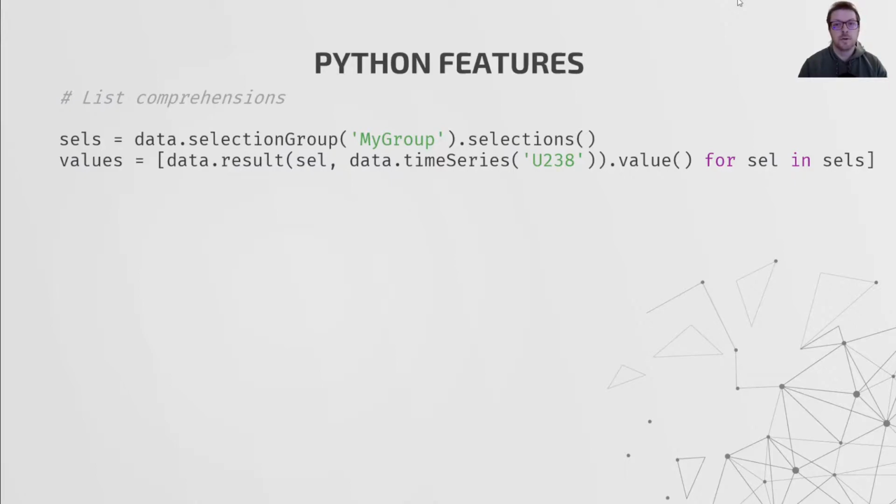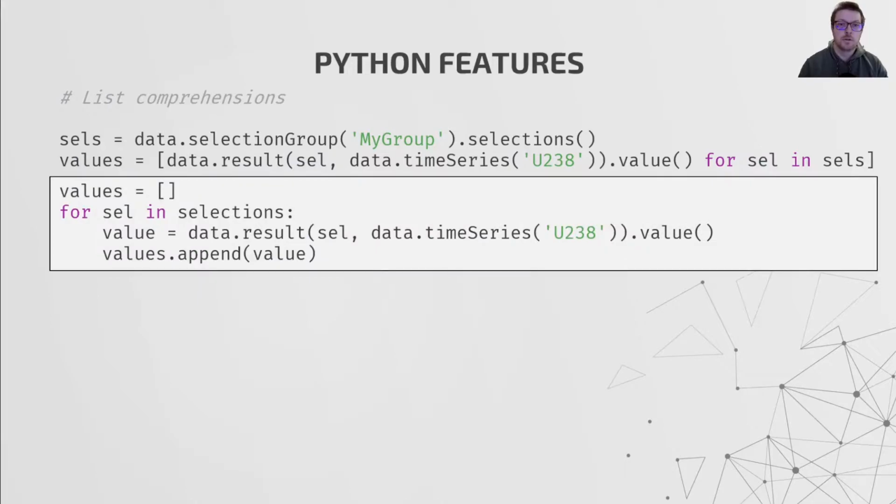These allow you to effectively combine a for loop and even if statements into one concise line of code. So, in the example I've shown here, I have a list of selections that I've retrieved from iolite called cells. Then, in the square brackets, I'm getting the results value for each selection and the uranium-238 channel, and I'm doing this for each selection in our list of selections.